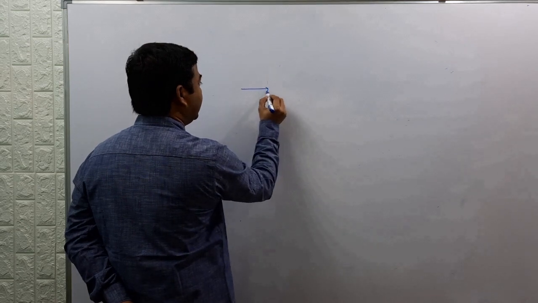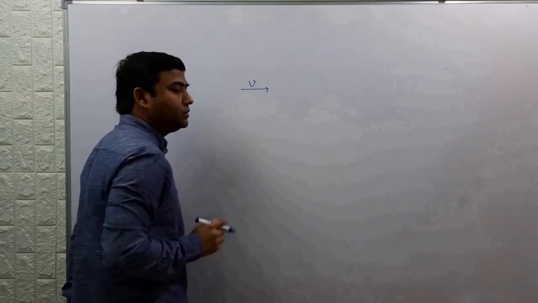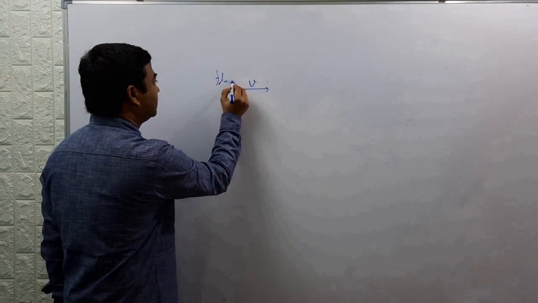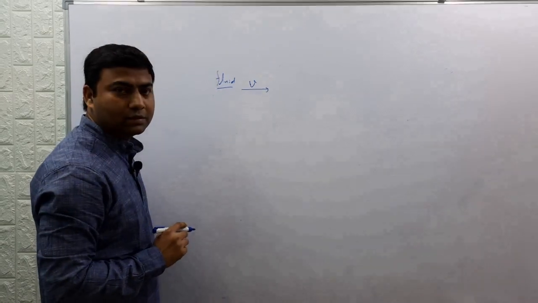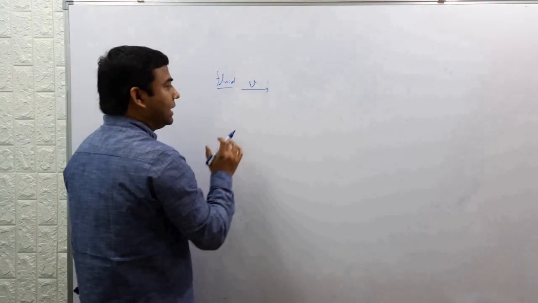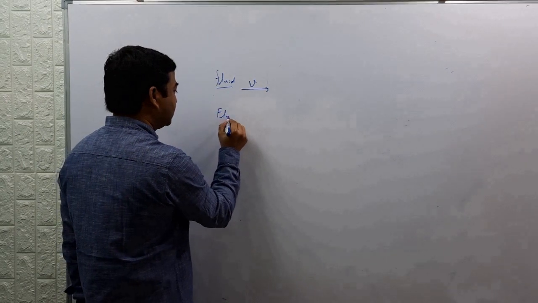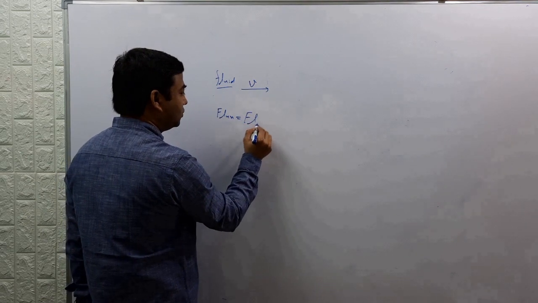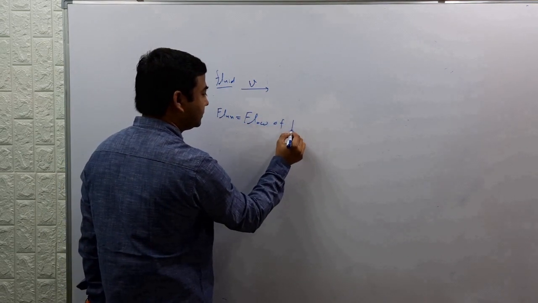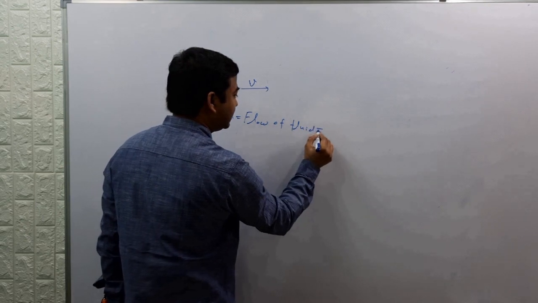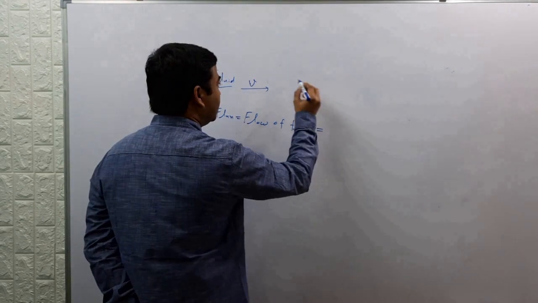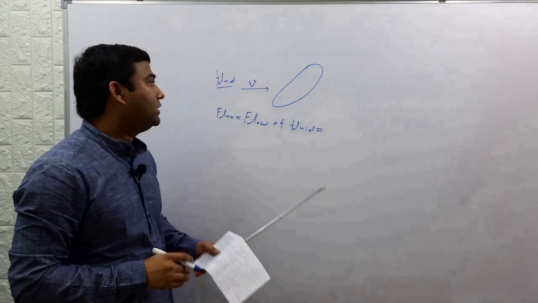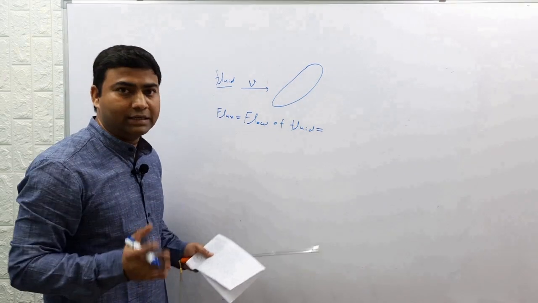There is a physical vector quantity like velocity. We have assumed here for simplicity, velocity of fluid. This is a vector quantity, and flux, or you can say flow of fluid, is equal to, for an area, I have already told you the shape of this area doesn't matter.